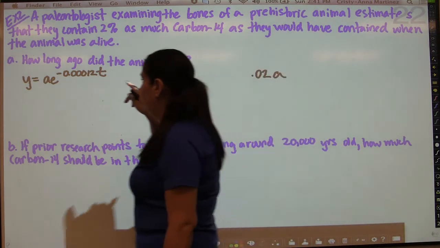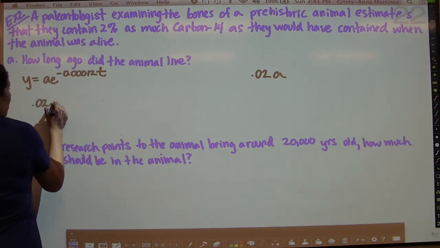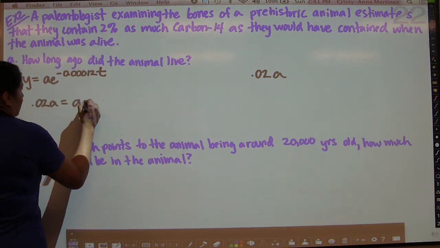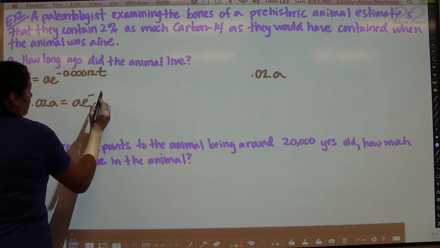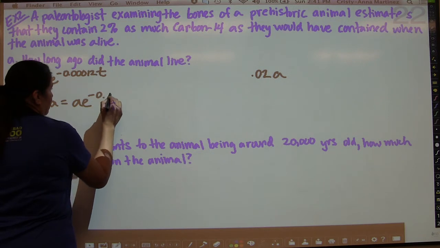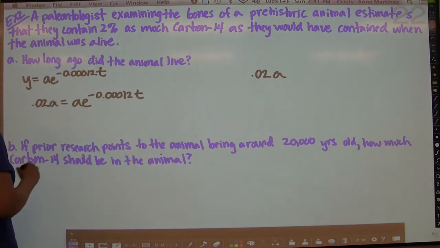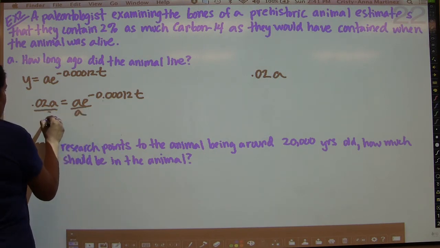So again, we're going to come over here, and instead of y, we're going to plug in 0.02A equals a e to the negative, come on pen, see, it likes me. All right, and again, we're going to divide by a on both sides.